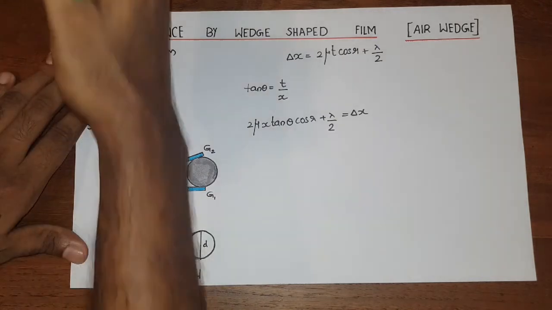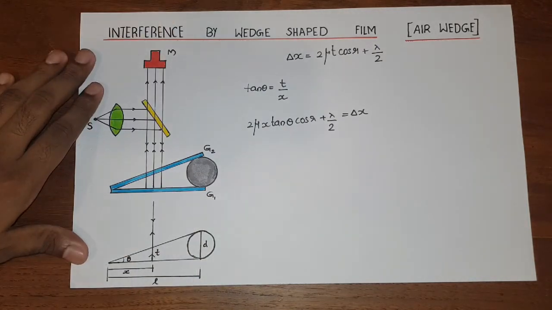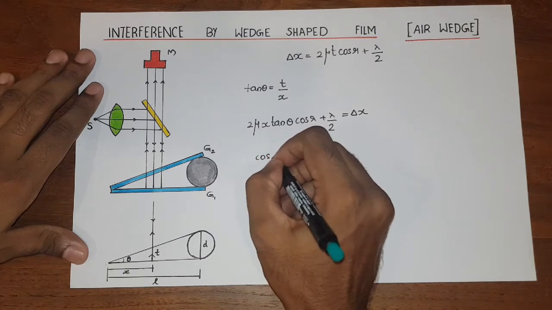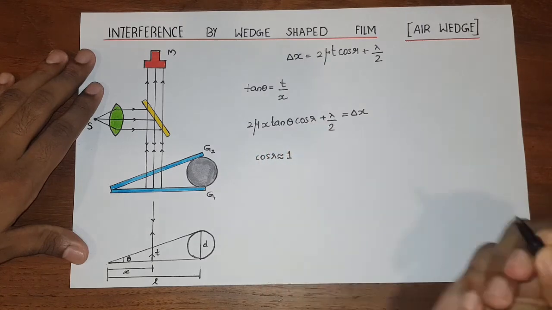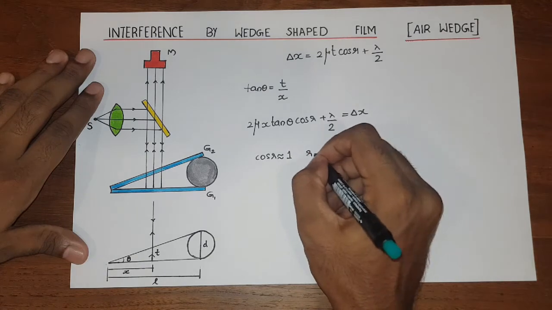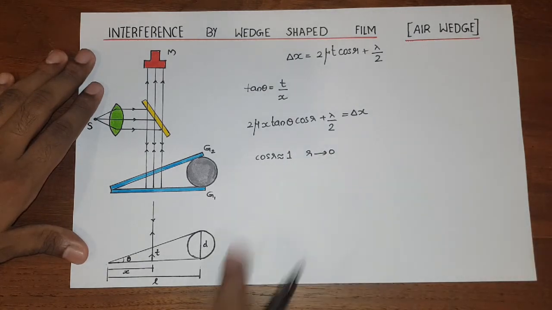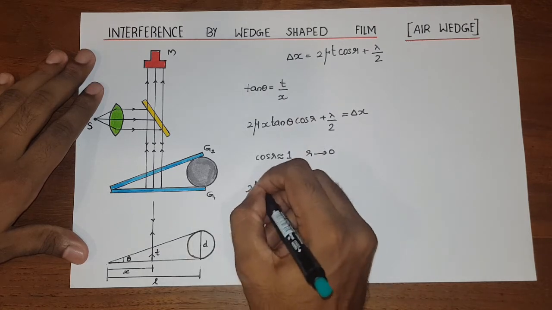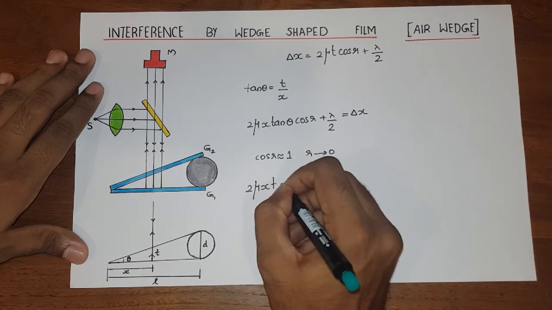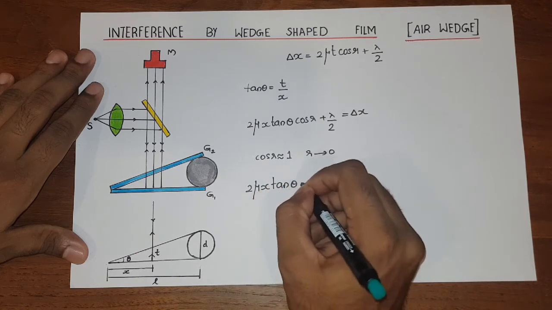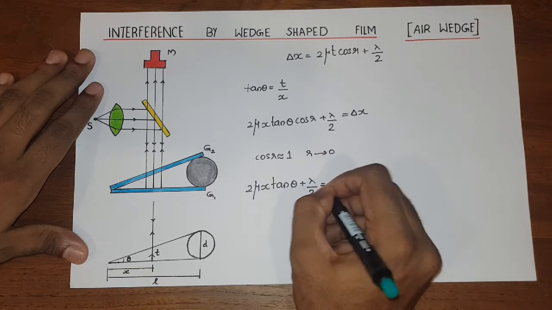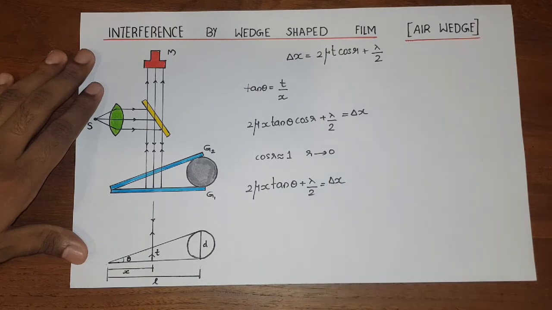But here we have a normal incidence or orthogonal incidence, so this cos r will approximately be equal to 1, because here r can be limited to 0. So cos 0 will be 1. So I can rewrite this equation as 2 mu x tan theta plus lambda by 2 equal to delta x. Now our derivation is over.